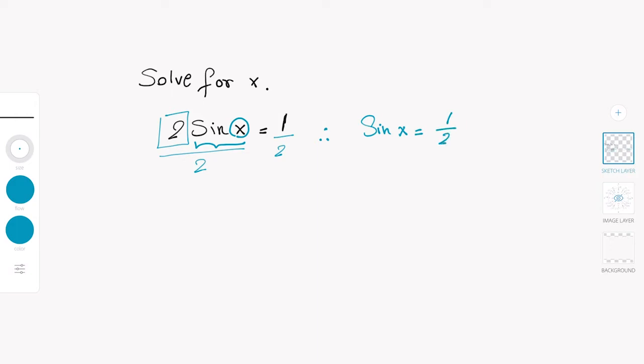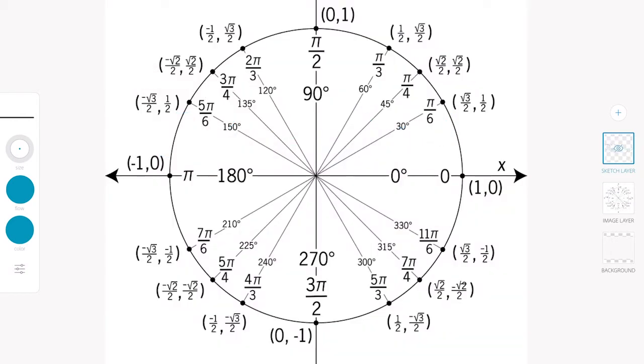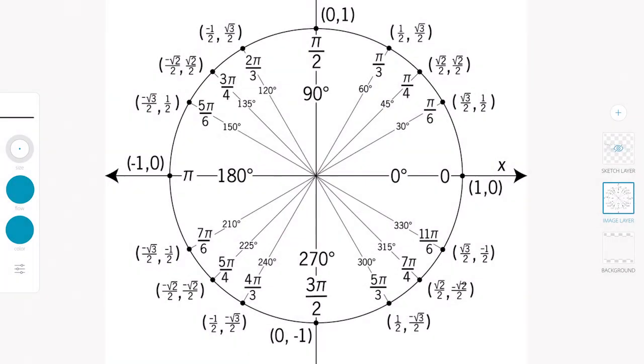Now we need to look for what angle has a sine of 1/2. If we look at our unit circle, we see that we have 1/2 here, at 30 degrees.